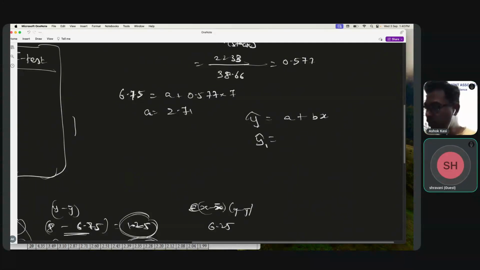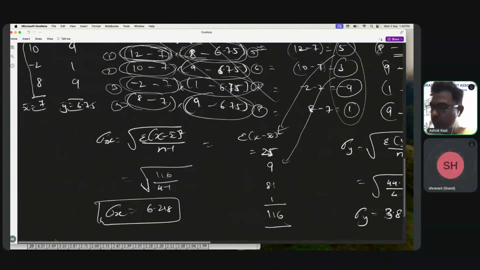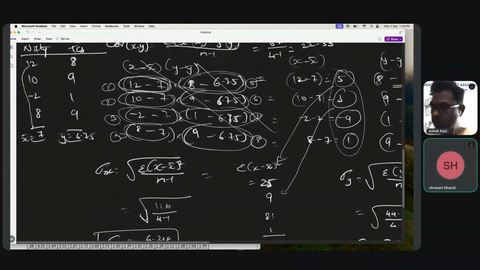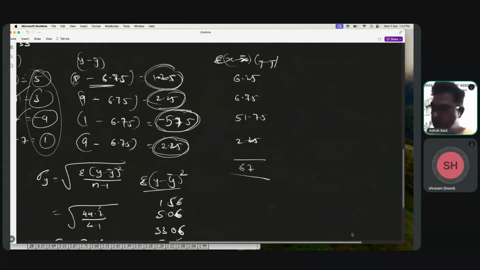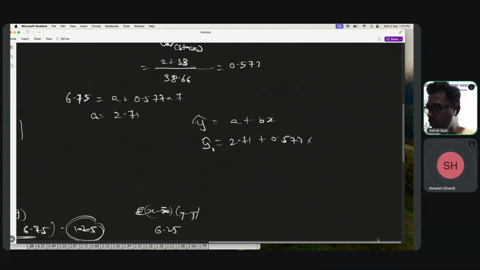So the predicted value for the first one is A, 2.71, plus B, 0.577, into X1's value, which is 12. 12, 10 minus 2, 8. So how much should it come to? Calculate.